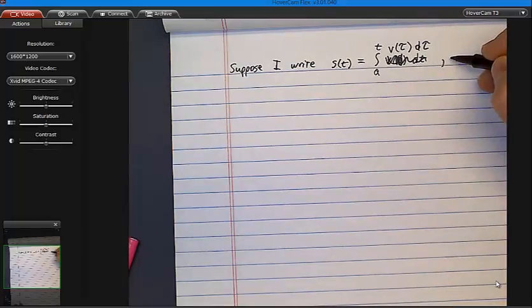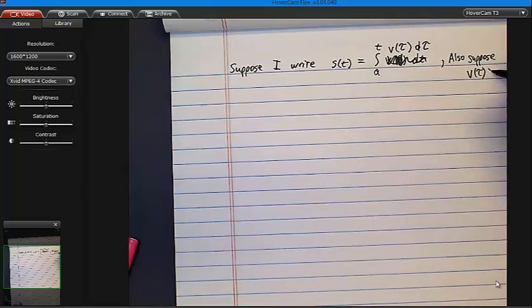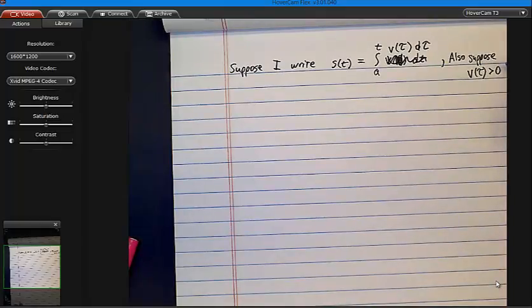So let's suppose that v of tau is greater than 0 for all tau. Is that okay? Well, I just want to suppose this. Suppose you have a positive velocity.